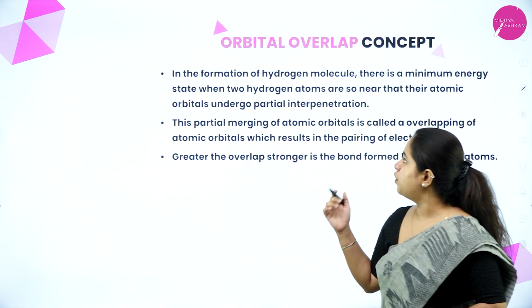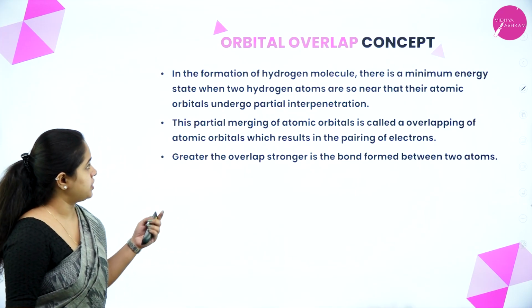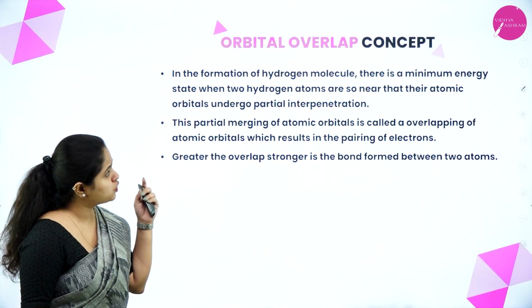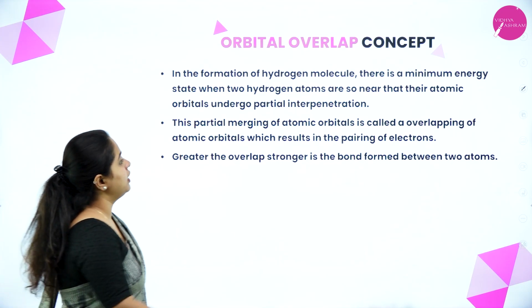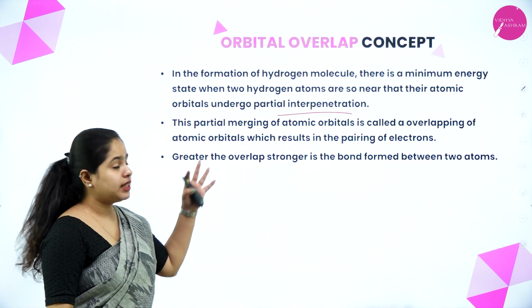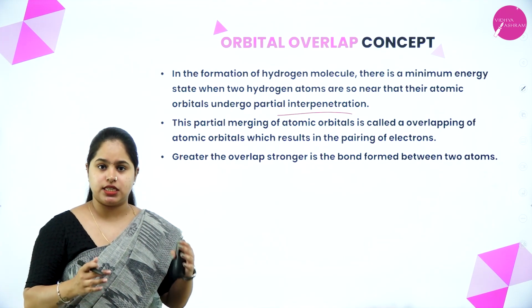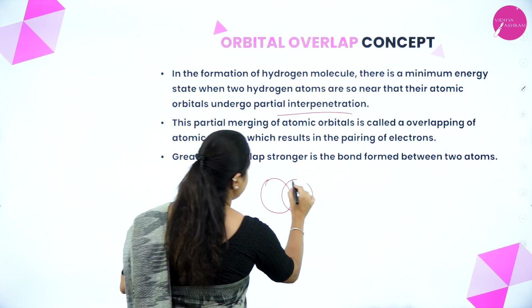Right. Now, in the formation of the hydrogen molecule, there is a minimum energy state when two hydrogen atoms are so near that their atomic orbitals undergo partial interpenetration. That is what we discussed now. At this stage, when the minimum energy stage is attained, the atomic orbitals will be overlapping with each other.